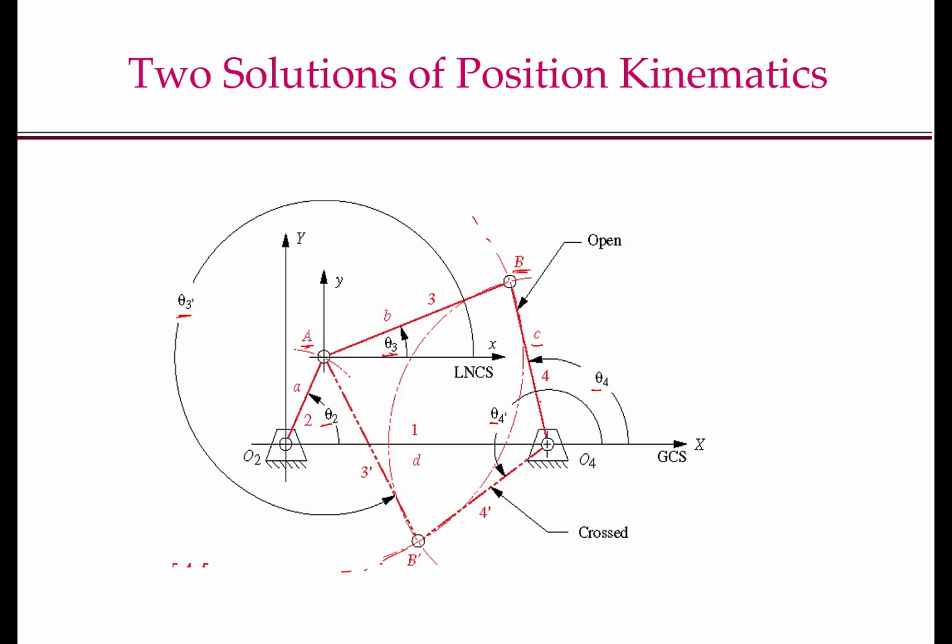Now two circles can intersect at most at 2 points, which is shown as B and B prime in this picture. So there can be at most two solutions.